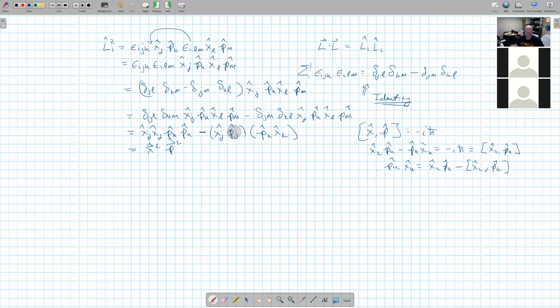Okay. Doing okay? So let's plug that in here. So this now is going to become minus x_j p_j times x_k p_k minus the commutation relation between x_k and p_k.